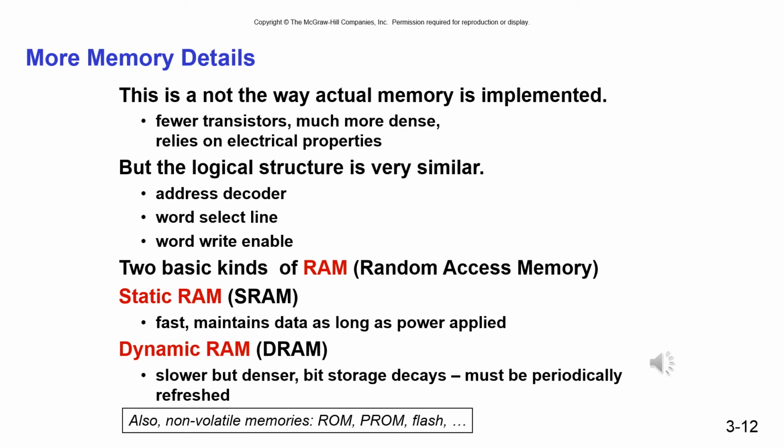We have 2 basic kinds of volatile random access memory: static, very fast, and DRAM, which is slower but denser and has to be periodically refreshed. We also have non-volatile memories: ROM, PROM, flash memory.